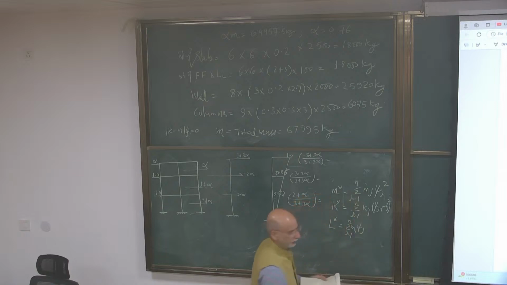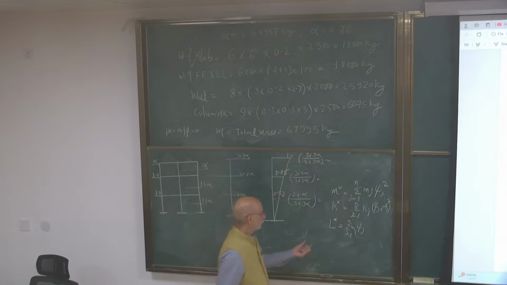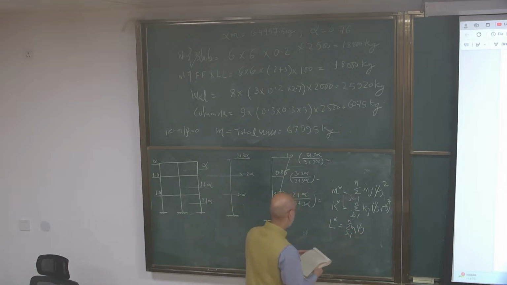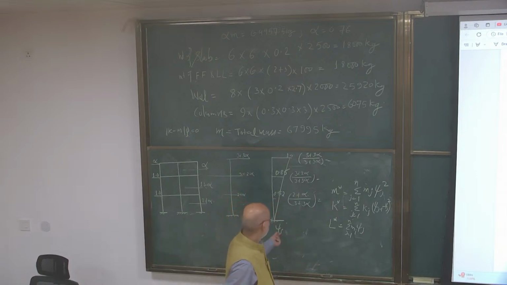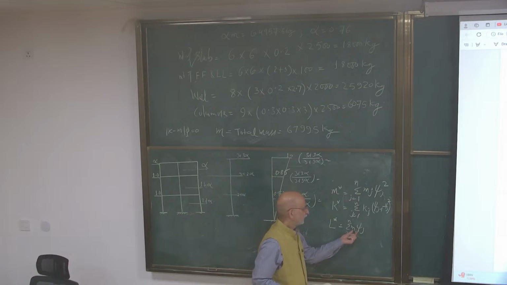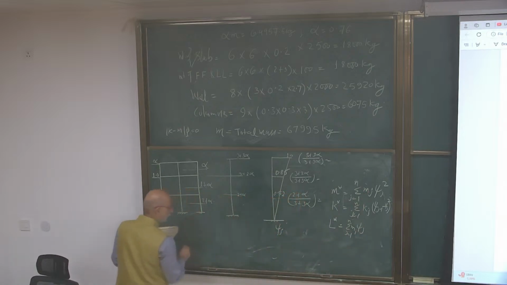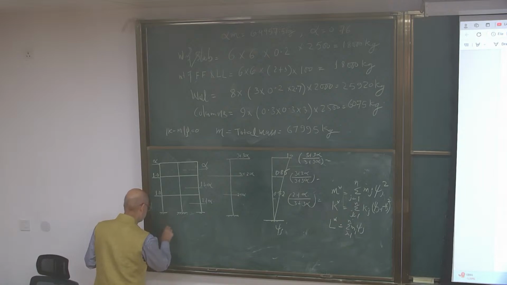This is a very simple way of handling it. These are equations. This is the psi vector, that is deformations. Okay, so this you can do very quickly. So if I do it for you, this is the mass participation.